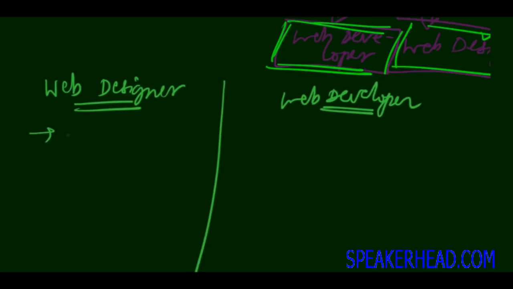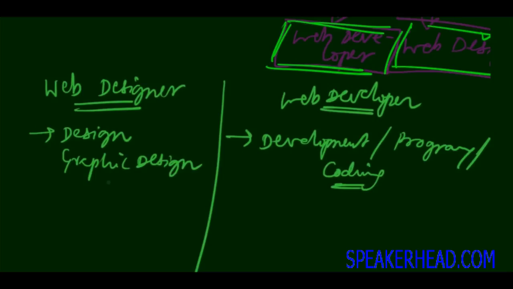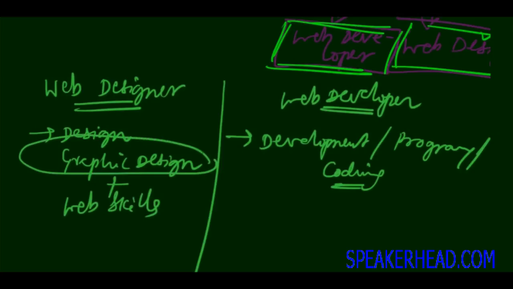Web designing is mostly designing. Web development is mostly programming, the coding part. Designing is just like graphic designing. Graphic design skills related to web skills, these two combined are useful for a web designer.